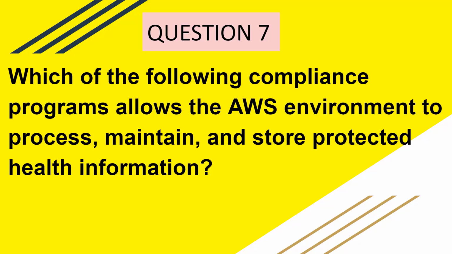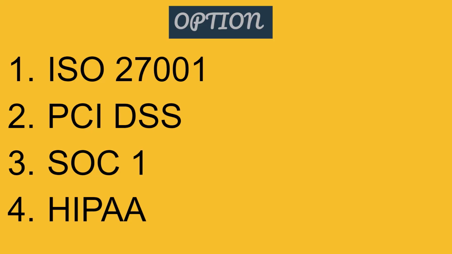Question 7. Which of the following compliance programs allows the AWS environment to process, maintain, and store protected health information? Option 1. ISO 27001. 2. PCI DSS. 3. SOC 1. 4. HIPAA.